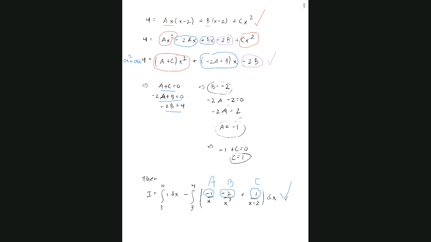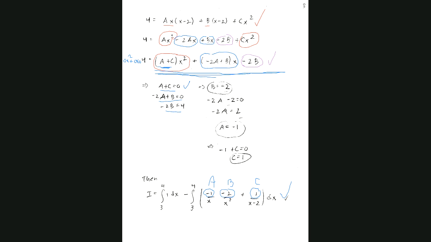It depends what we have on the left side. You see, a plus c is the coefficient of x squared. So what you're doing is you're saying that I want 4 to be equal to all this right side here. The polynomial on the right must equal 4. Well, that means the polynomial on the right can't have an x squared term, so a plus c has to be 0.